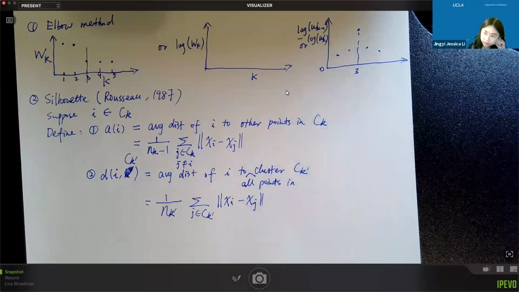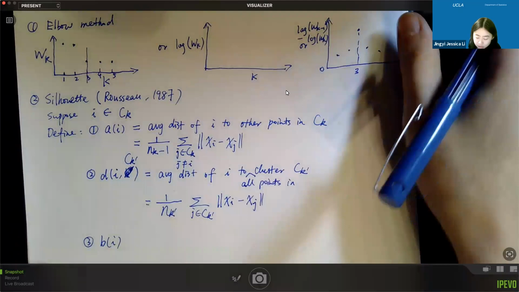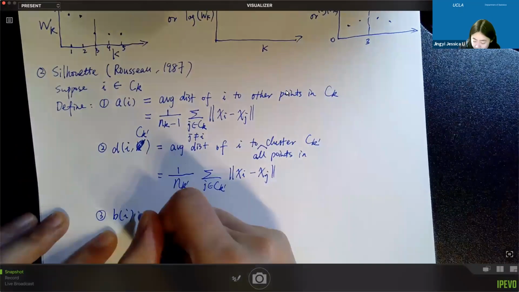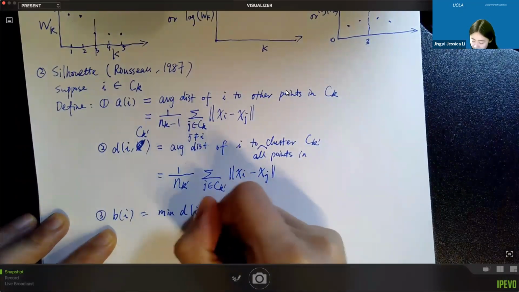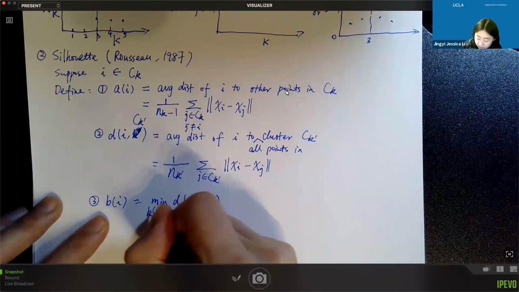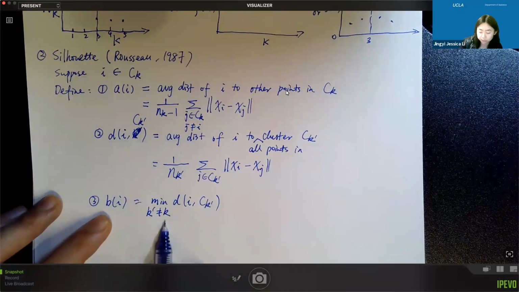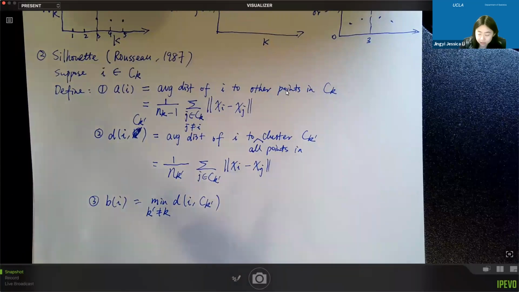Among those clusters, I am going to take the minimum as the between cluster distance. So I will define BI as the minimum of all the D I, K prime for all the K prime not equal to K, because CK is the cluster I is in.